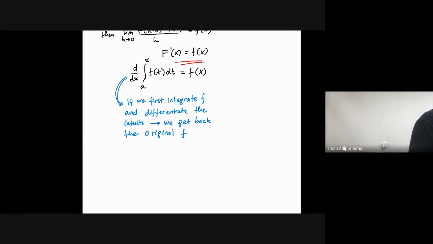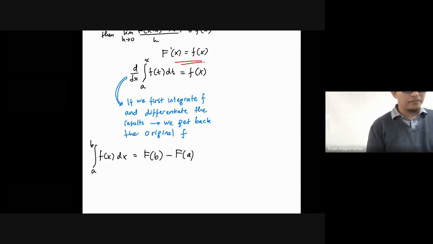There's another proof actually, but I think I will skip that and maybe just make notes for you. If you have this f(x) dx, there's actually some proving for this one, but I think I can just make some notes.